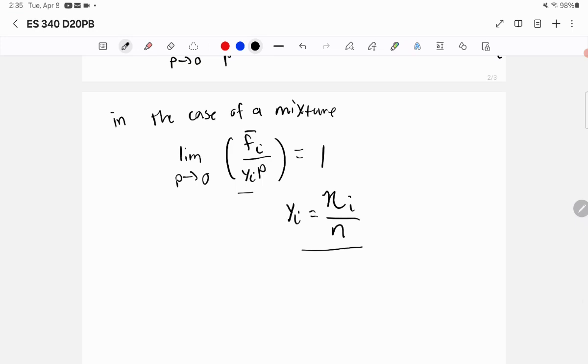The fugacity relates to the partial pressure, since Yi times P is the partial pressure that I'm dealing with here. So it relates to partial pressures in mixtures. But again, this is as the pressure goes to 0. When the pressure is small and it becomes more and more like an ideal gas, the fugacity and the pressure, or the partial pressures, coincide.